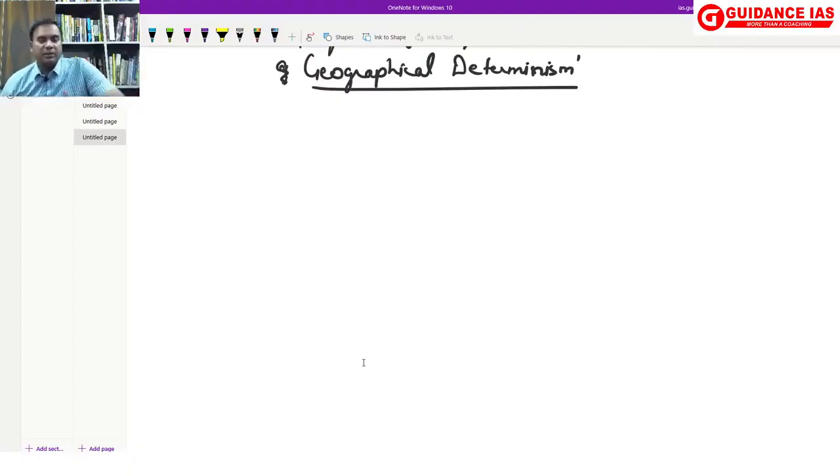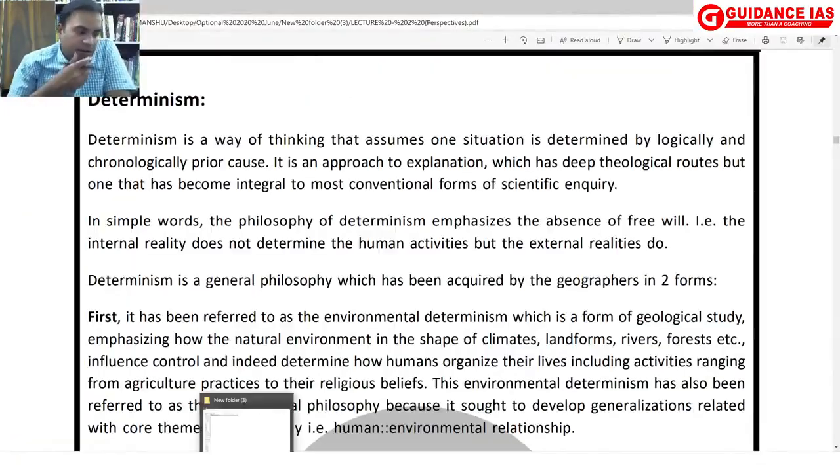Wherever you see the questions which have been asked previously about determinism, most of the time they are not specifically mentioning environmental determinism, they are just loosely using the term determinism. Okay, but whenever possibilism is compared, it should always be compared with environmental determinism. ठीक है, इतनी बात समझ में आ गई. Okay, now let us move on.